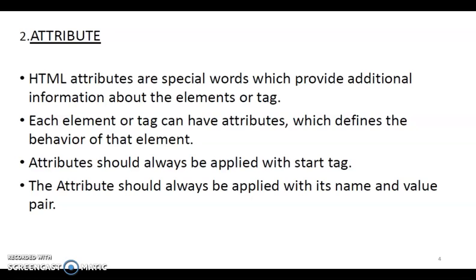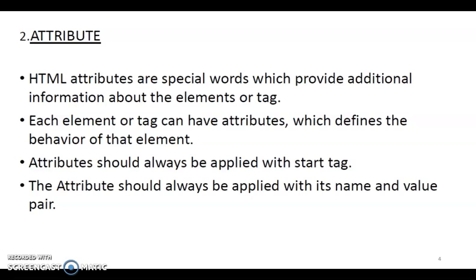Don't worry about that. Now the second one is the attribute. What is the meaning of attribute? It is a special word which provides additional information about the element or tag. Whenever we write the attribute, it is always written after the tag name.